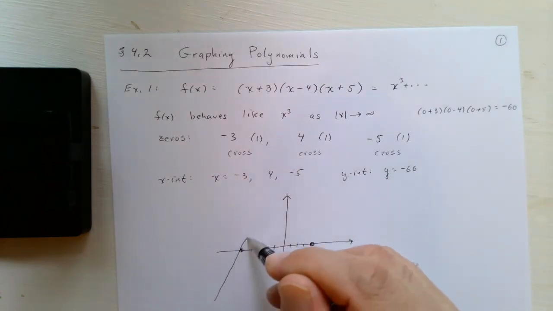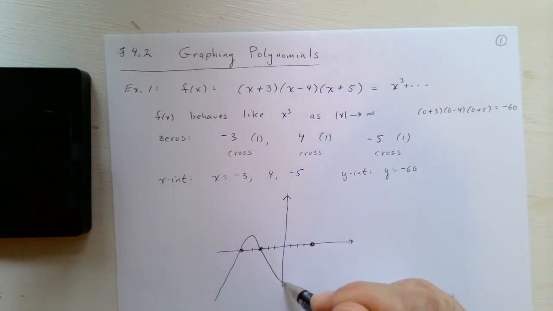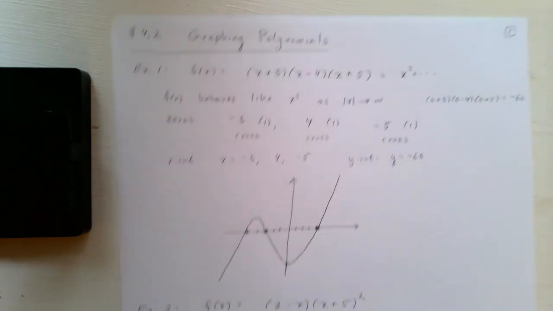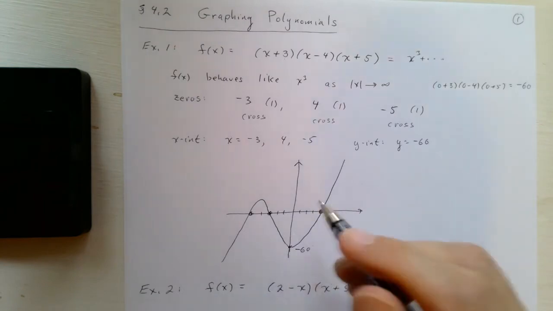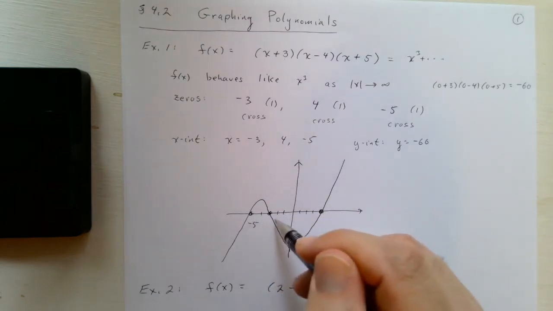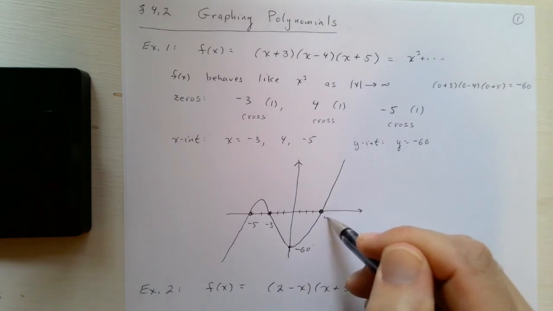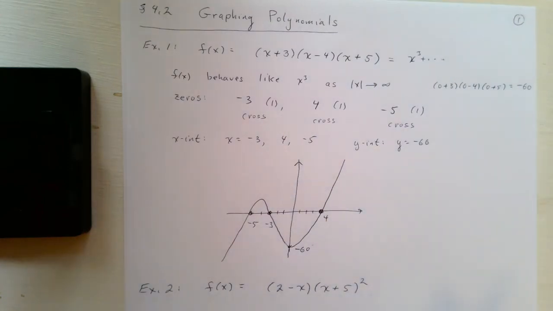So it looks like that. I'm not actually drawing this to scale because this should be negative 60, so it should be much further down. This is negative 5, negative 3, and 4. We don't exactly know if the turning point is right here at negative 60. It may or may not be, but we can see that we have 2 turning points right here.